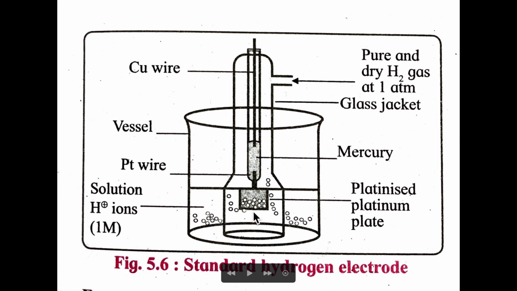So the condition for the formation of the electrode is fulfilled here, and so this construction is called a hydrogen gas electrode, and it is a standard hydrogen gas electrode because the gas we have passed is at 1 atmospheric pressure and the solution we have taken is of 1 molar concentration. Like this we can construct the standard hydrogen gas electrode, and it can be used to measure the cell potential by connecting it with another electrode.